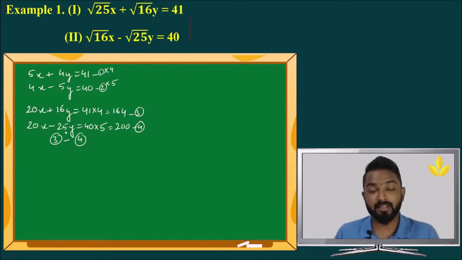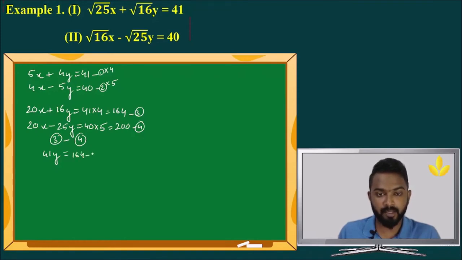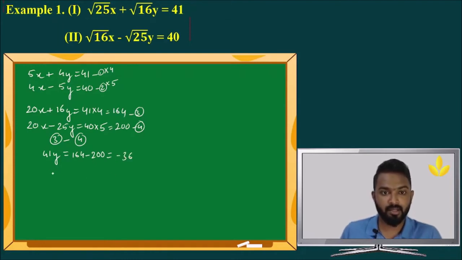Minus of minus is plus. So, 16 plus 25 is 41y equals 164 minus 200, that is equal to minus 36. So y is equal to minus 36 divided by 41.